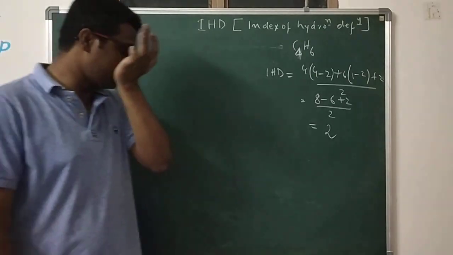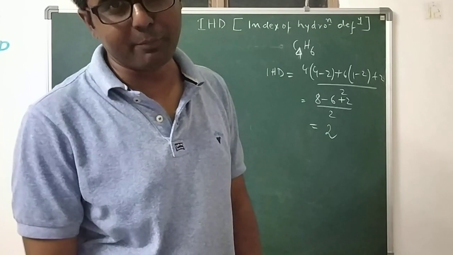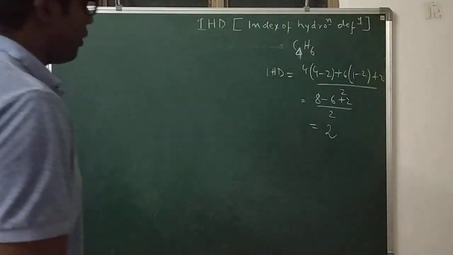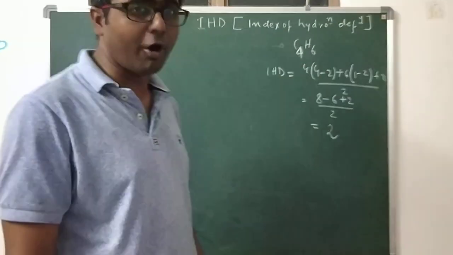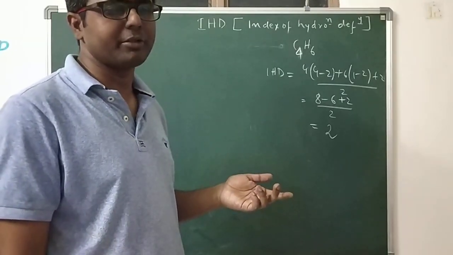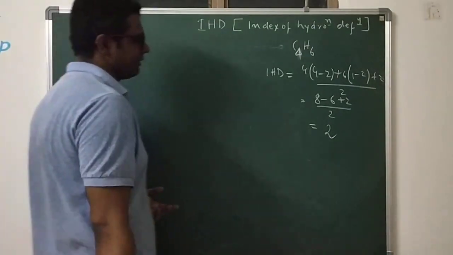Now it is not 1, it is 2. IHD value is 2 over here. There will be a triple bond, or 2 pi bonds. Remember, if IHD value is 2, there will be 2 pi bonds, or there may be something with the rings. Okay, we'll check. What are the possibilities first of all?